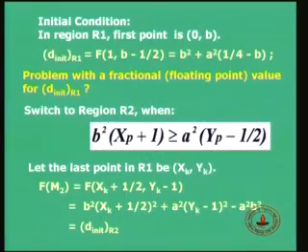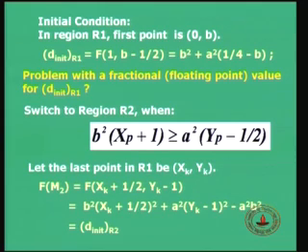The curve was moving almost horizontally, and then it tends to become vertical in the lower part of the first quadrant, and the slope is in absolute terms more than 1. Since the curve is steeping down, the choice now will be between south and southeast pixels. So, we need a new value of d init in f of m2 depending upon xk, yk.